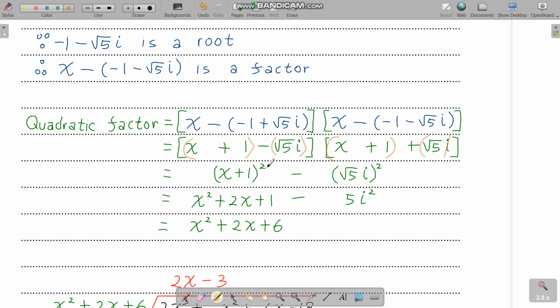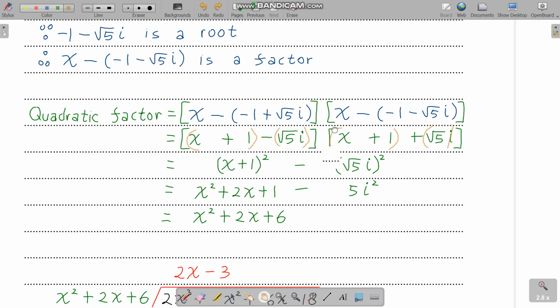We get x squared minus a squared minus b squared form, basically. So we square this and we square this, and then we subtract. After we open up the brackets, this becomes 5i squared. Again, i squared is -1, so this is actually plus 5. 1 plus 5 is 6.